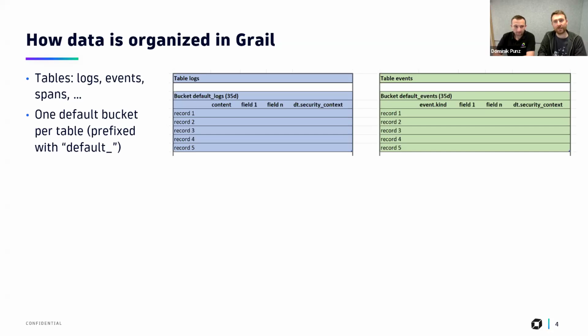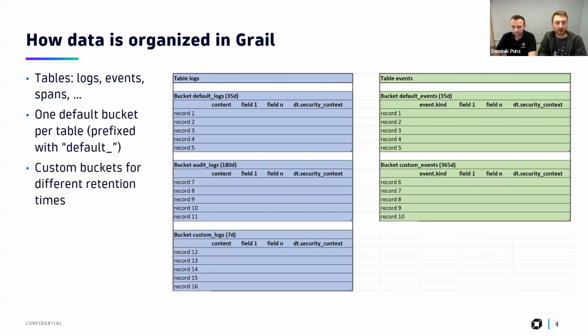Of course, there are different use cases where you will need to keep your logs for a longer time, or maybe you want to store them not that long, because 7 days is enough. Therefore, it is also possible to create custom buckets. In this example, there would be one custom bucket which stores audit logs for 180 days, and another one which we called custom logs, which in this case would be 7 days.